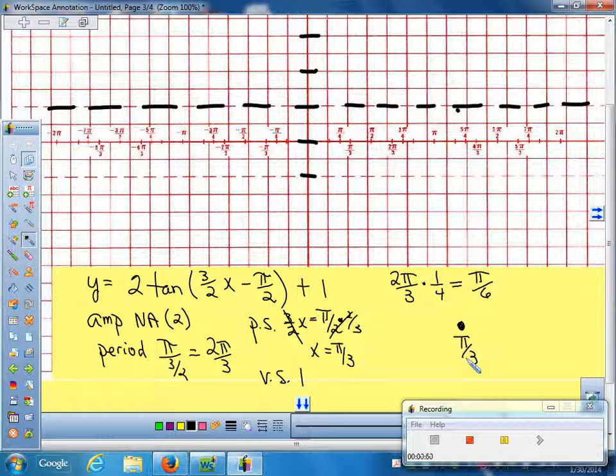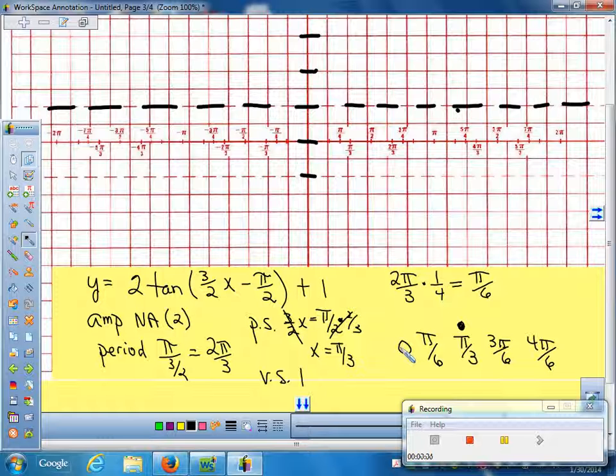Okay, so 1/3 is really 2/6. So 2/6 plus 1/6 would be 3/6, and 4/6 going to the right. Going to the left, I'm subtracting the 6. So 2/6 would be 1/6 and then 0. So we have an asymptote of 0.